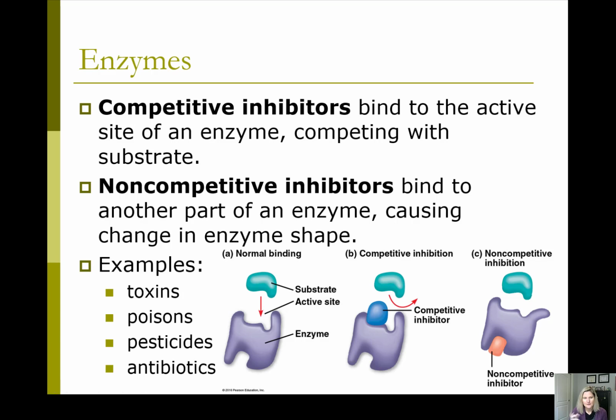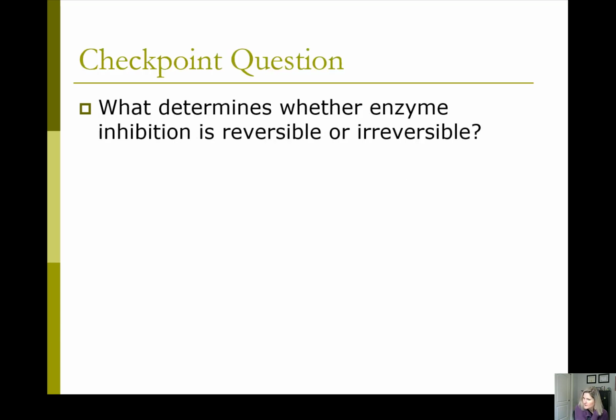Based on that information of competitive inhibitors versus non-competitive inhibitors, think about this question: what determines whether enzyme inhibition is reversible or irreversible? It has to do with the level of inhibition.